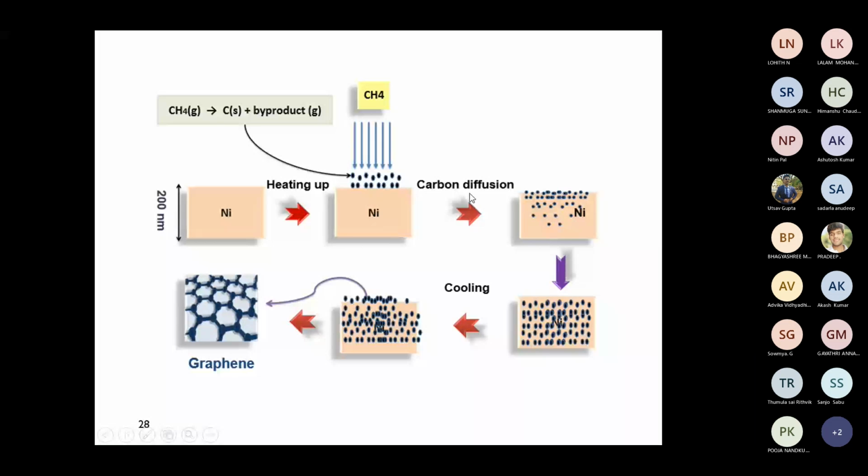From the CH4, the carbon product will come and the byproduct will go away, and this carbon further diffuses into the nickel substrate. You can see that during cooling diffusion is also happening, and finally there is a deposition of graphene. So this is highly substrate dependent, this CVD process.